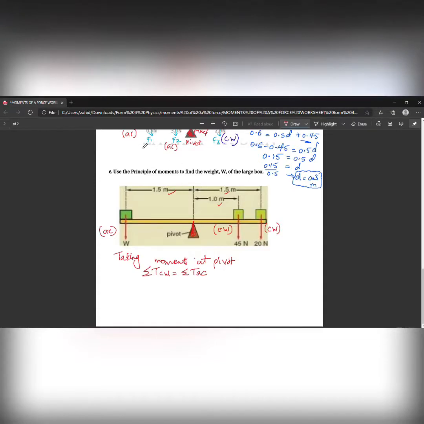In the previous example, we had two anti-clockwise, one clockwise. Doesn't matter, we can work out anything at this point. So let's substitute. I'm taking my clockwise forces as 45 multiplied by 1 plus 20 multiplied by 1.5, which is equal to our weight, our only anti-clockwise force, which should stand by itself on one side of our equation, multiplied by 1.5.